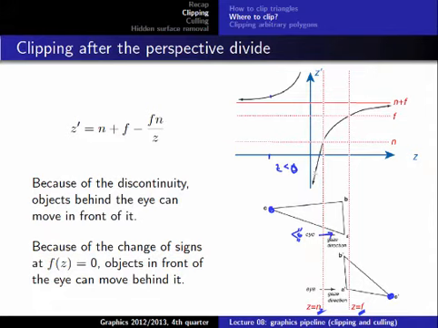If we had a triangle that is very close to our eye, or where one point is very close to our eye, then here we have a positive set value that will then become a negative set dash value. So it moves from in front of our eye to behind our eye. So we see here we get these artifacts if we do the clipping after the homogeneous divide.